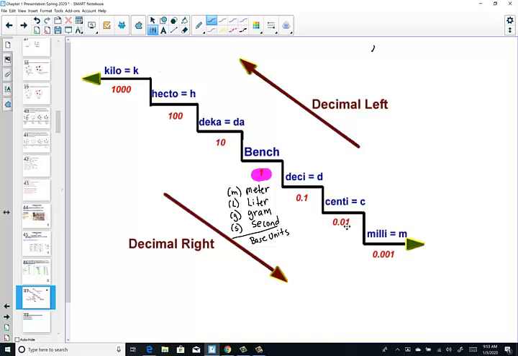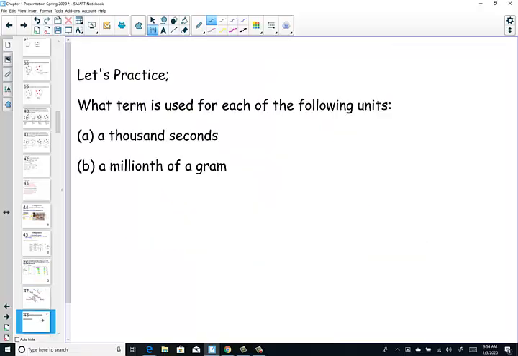Here's deci, centi, and milli as we proceed down the number line. The numbers get larger as we go up the staircase, and the numbers get smaller as you go down the staircase. So you're really just deciding, as you convert from one unit to the next, how many staircase steps are between the two units. So let's do some practicing.